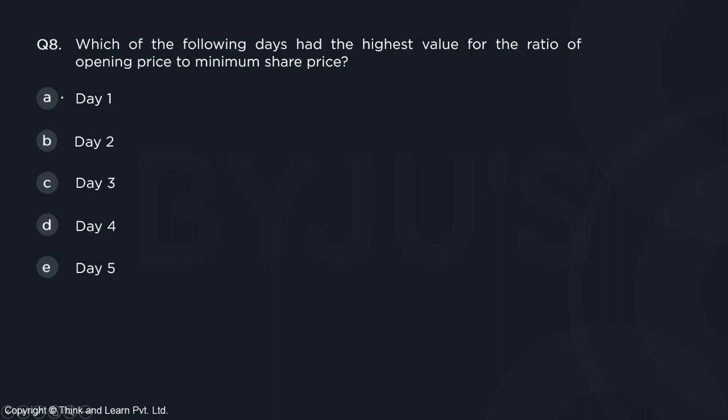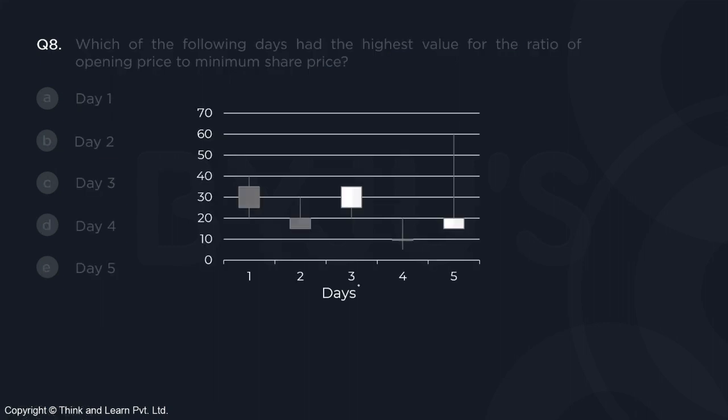Now question 8 says: which of the following days had the highest value for the ratio of opening to the minimum share price? Let me once again mark the opening prices. This is opening here, here, here, and here, and here opening and closing are the same. We have to find the highest ratio of opening to minimum share price.